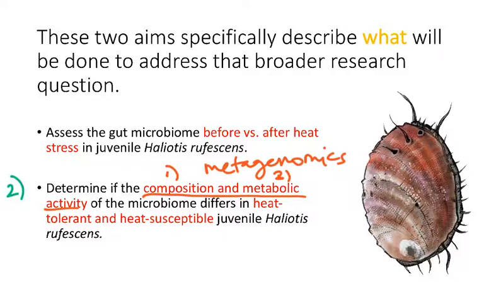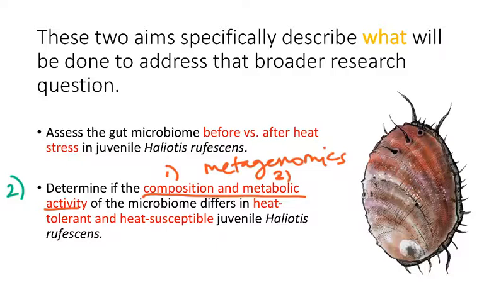Because metagenomics is sequencing all of the genes that are there, it can give you information not only about the barcodes, for instance, that can tell you what species are there, but also about the functional genes contained within those bacteria, so we can get a better idea about what they're actually doing metabolically within the microbiome. So that's the first part of this aim that's more specific when compared to the research question.